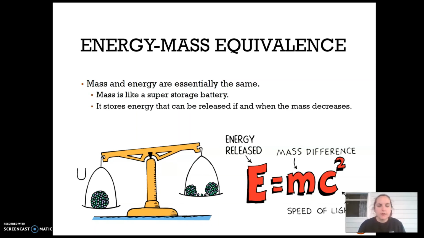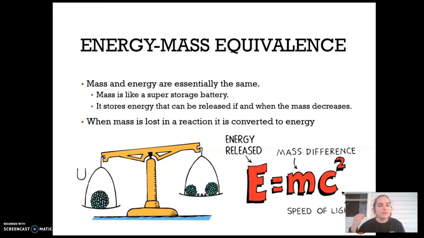It stores energy that can be released, and when the mass decreases, that energy is also going to decrease. When mass is lost in a reaction, it is converted into energy. So energy released is equal to the mass difference times the speed of light squared, or E equals mc squared.